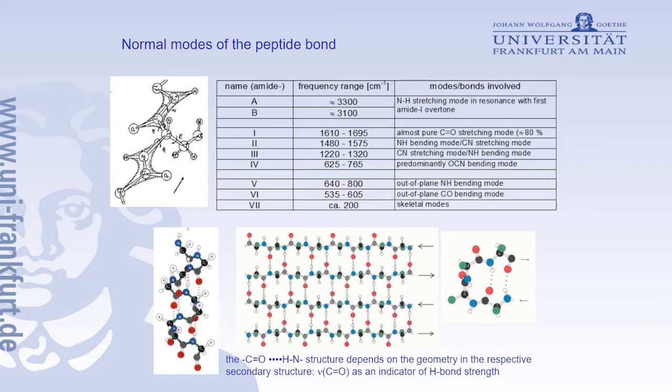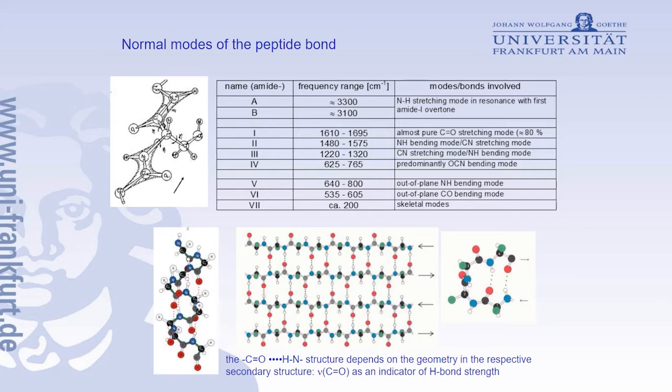Then there is a nomenclature which has Roman numerals 1 to 7, and this numbering determines the vibration type, and among those, the most important one is the amide I, absorbing around 1600 to 1700 wave numbers, and that's an almost pure CO stretching mode. We will see that this is probably an easy way to characterize proteins.